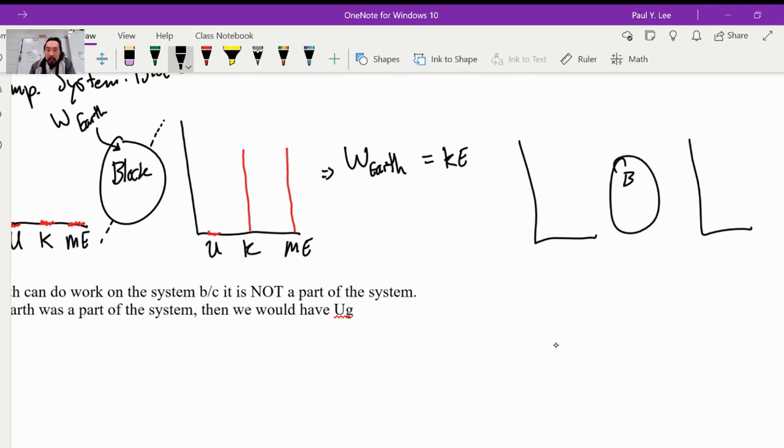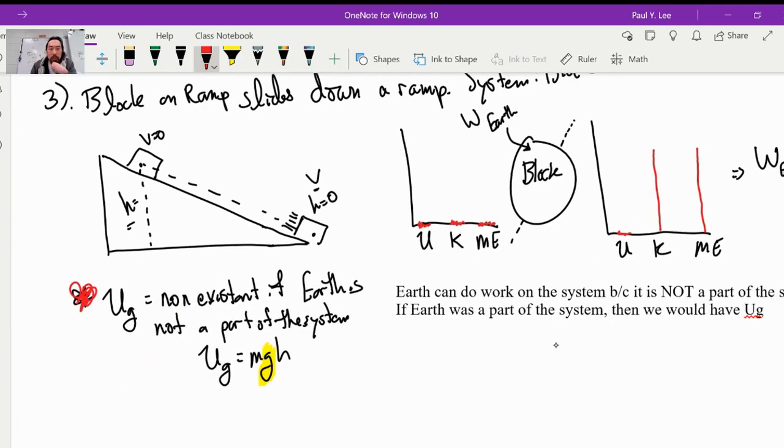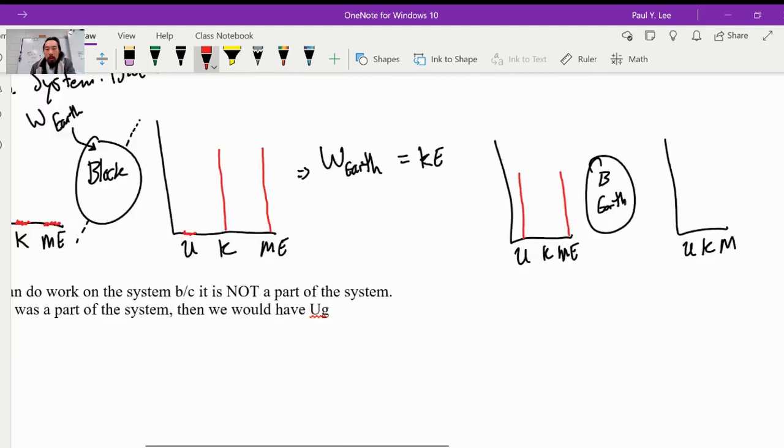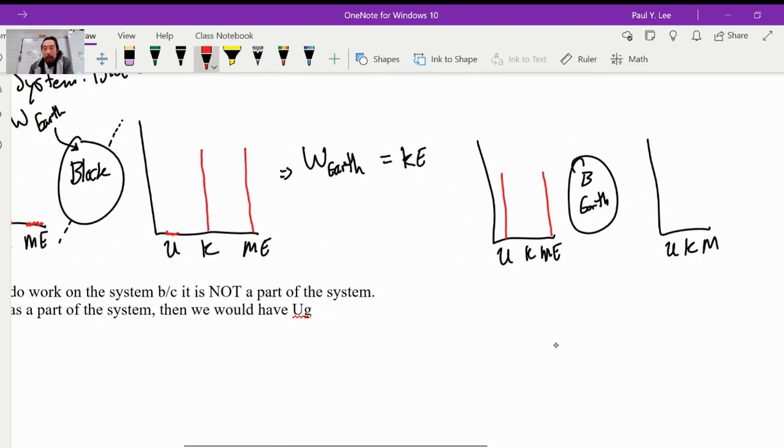So if we have a block-Earth system, with U, K, and ME, we would say this object started off with potential energy and it started off with mechanical energy. Okay, and that's because it starts off here with the height. And as it slides down, that potential energy turns into kinetic energy until it reaches the bottom, where it no longer has potential energy, only kinetic energy.